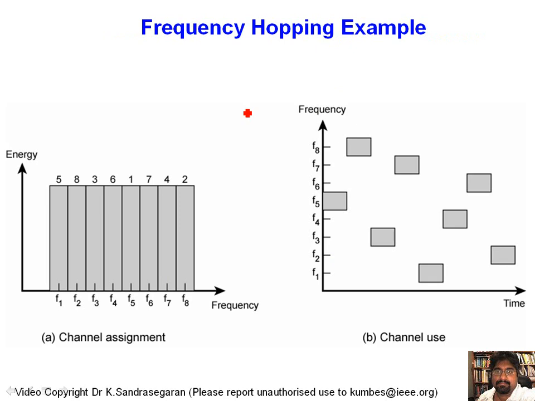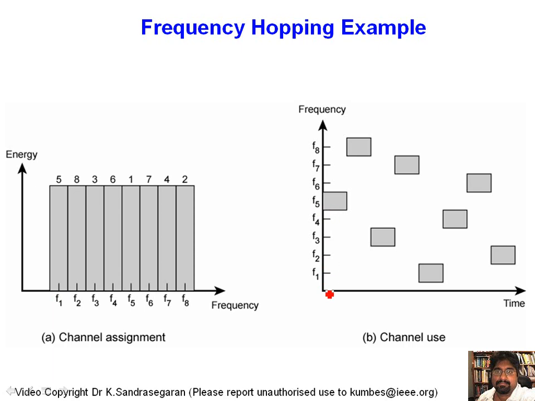The next type of hopping is very similar to what happens in GSM, but the hopping is done much faster. This is called frequency hopping spread spectrum. To achieve the effect of spreading, you're not multiplying by a chipping sequence.